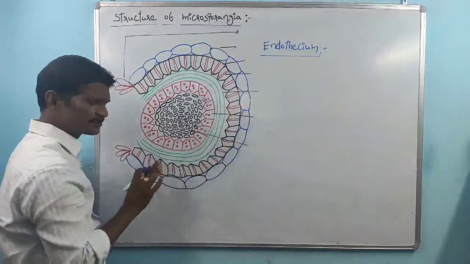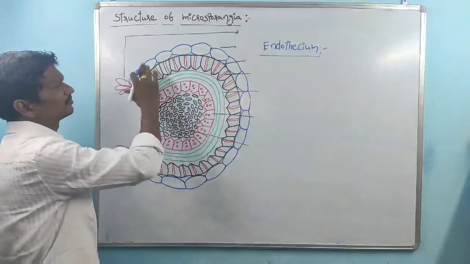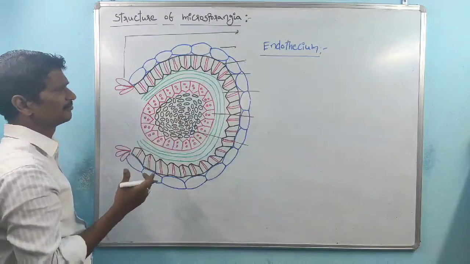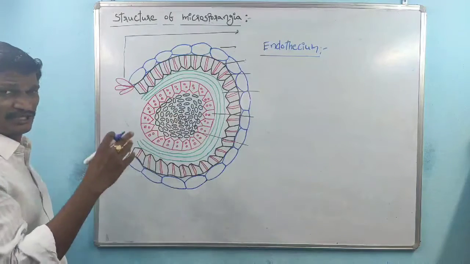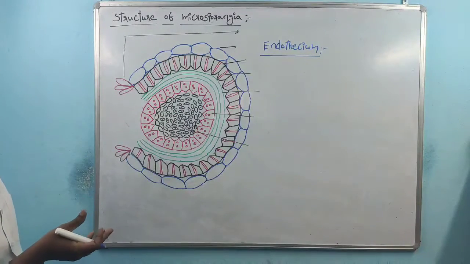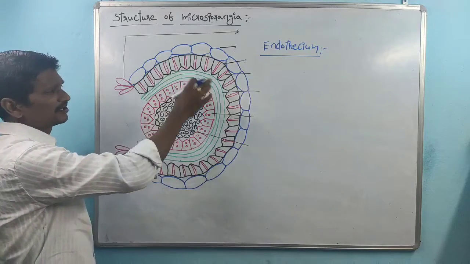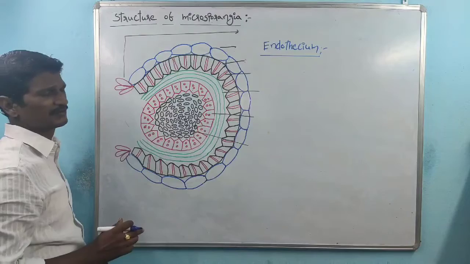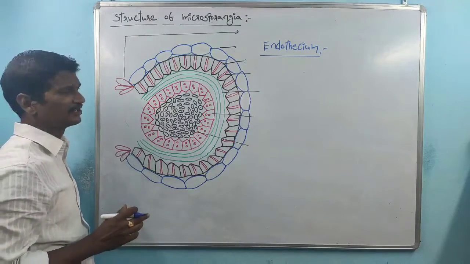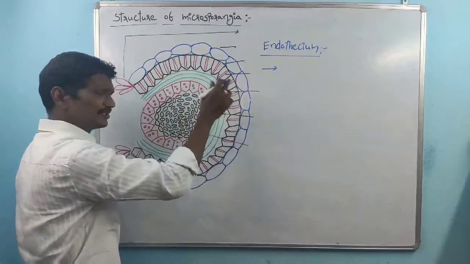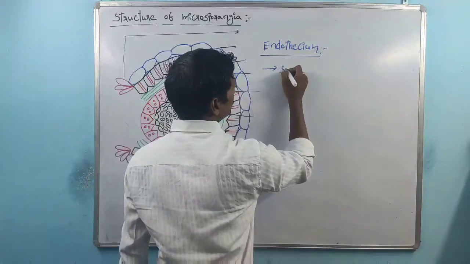See, the cell shape is also quite different. Normally the shape may be round, barrel, or oval, but these cells are not like that. The shape is quite different. The endothelium cells maintain a very special kind of structure, and it is also a single layered structure.